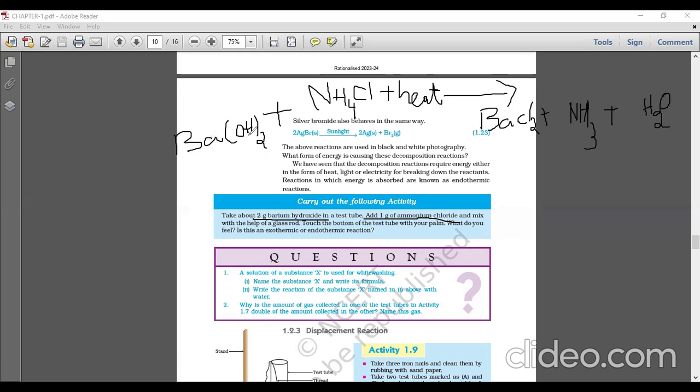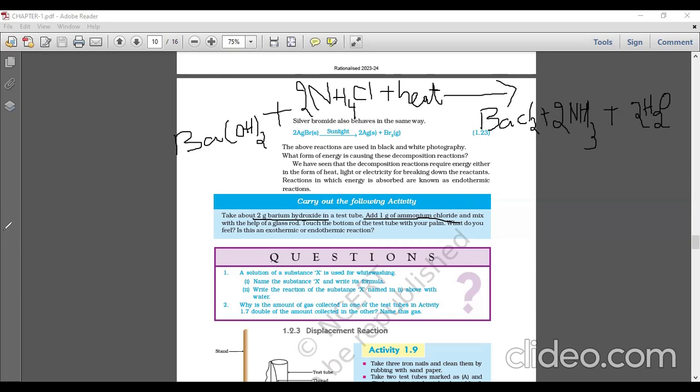Now I think it is not balanced, so we need to balance it. Ammonia, hydrogen, three, four. Put two here, and here you need to put two, and the water also four, eight. So one more two in front of ammonia. Now this equation is balanced.